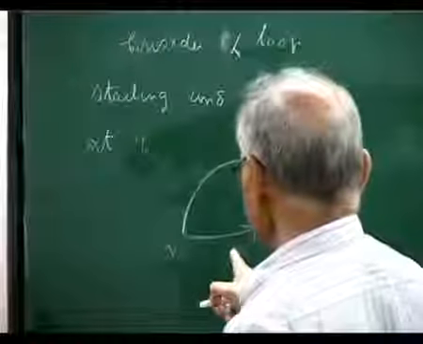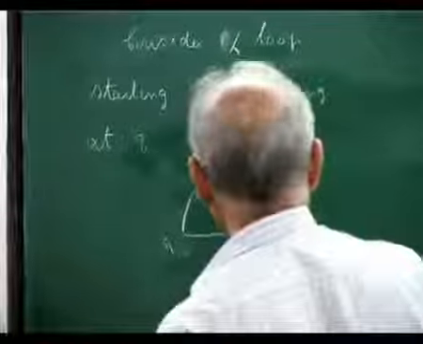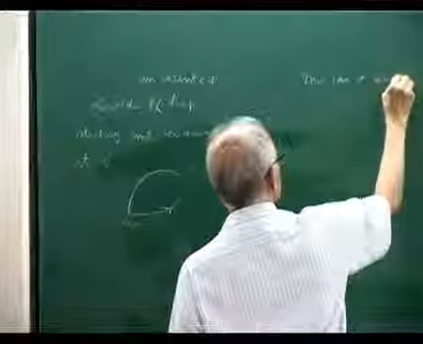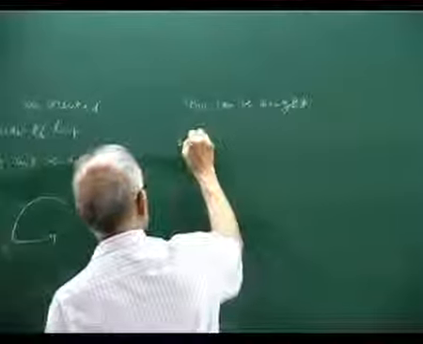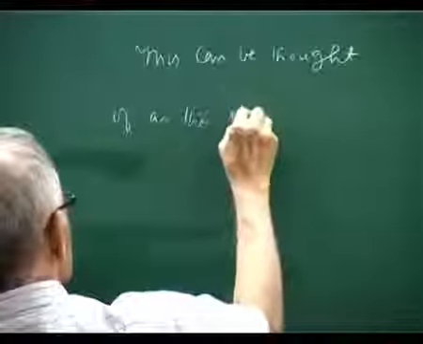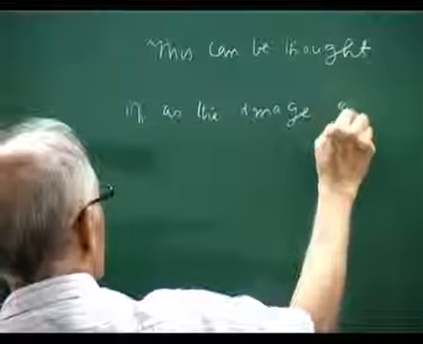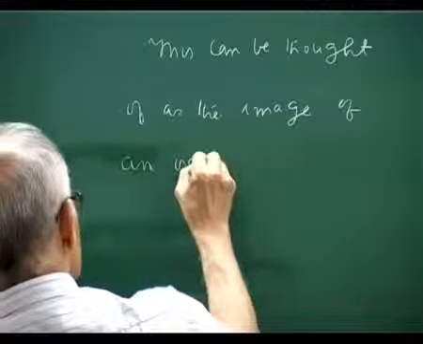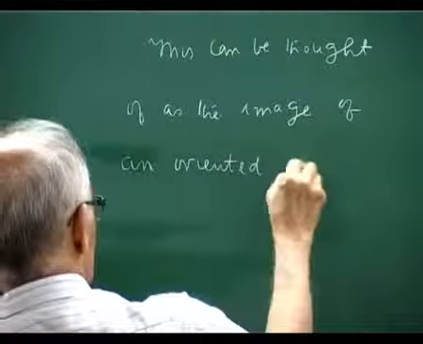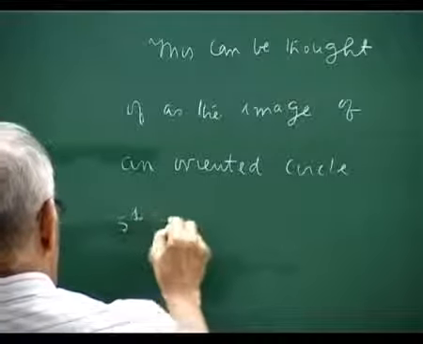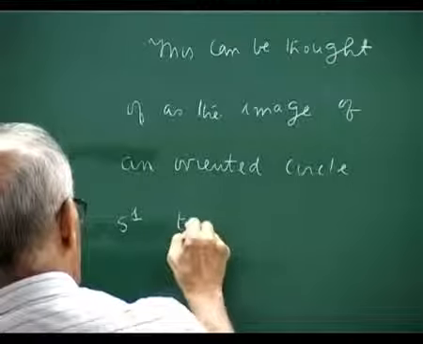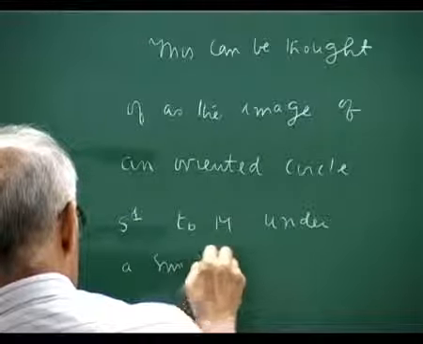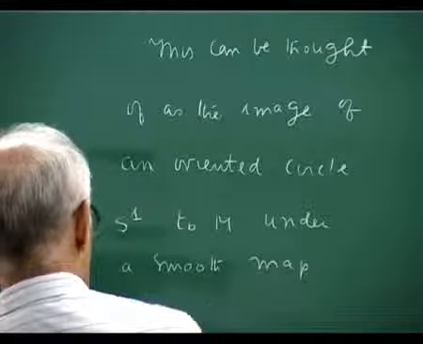You can think of this as the image of an oriented circle S1 to M under a smooth map, call it phi. You understand what I am saying?